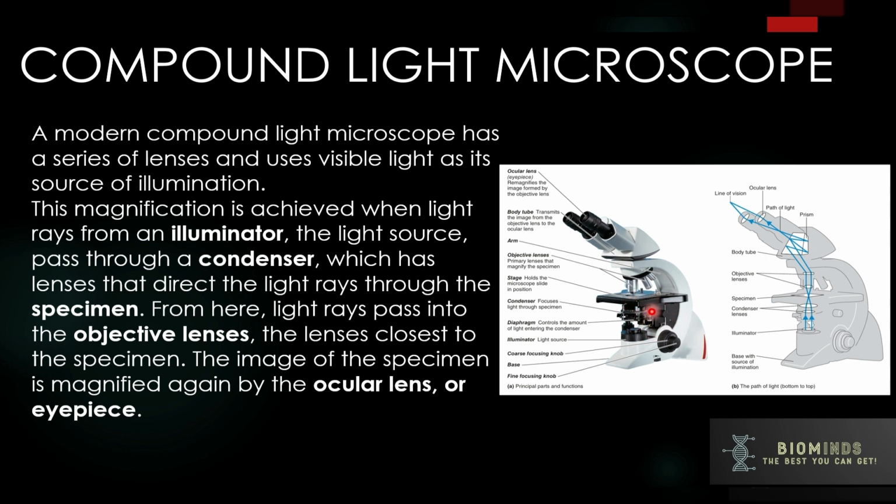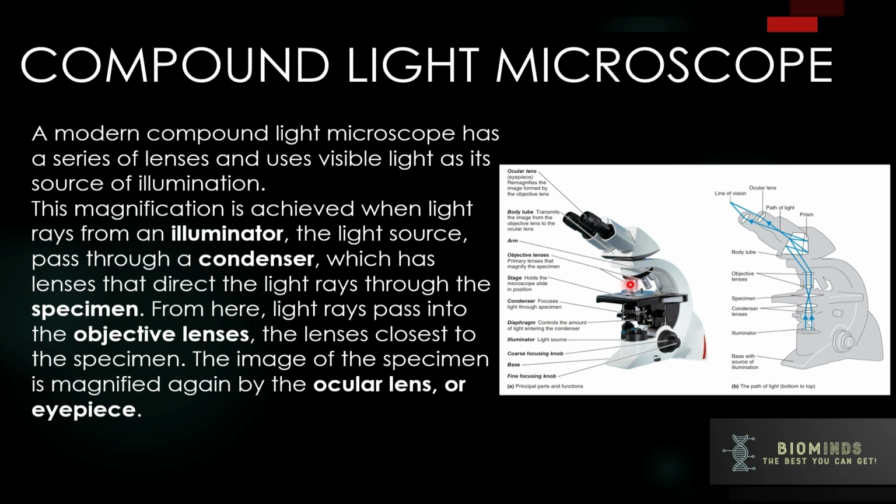Next we have the condenser, which helps in focusing the light, because light can spread. We don't want the light to spread more, so the condenser condenses the light at the base. Here you can see the stage, where we keep our specimen, the thing we want to observe.